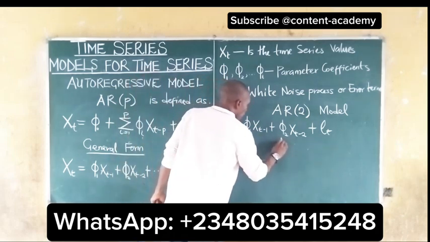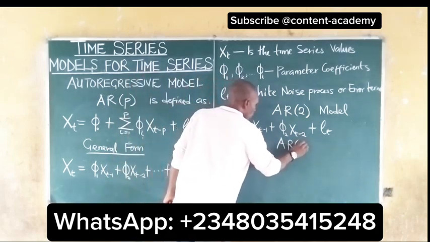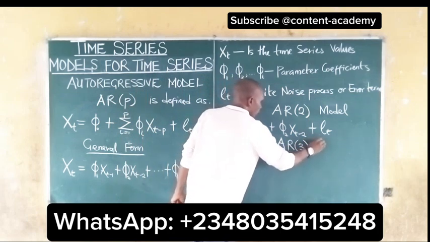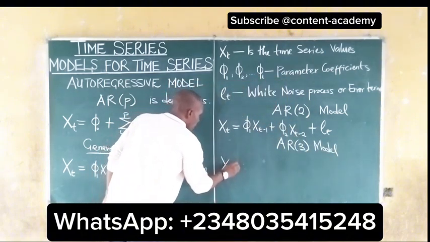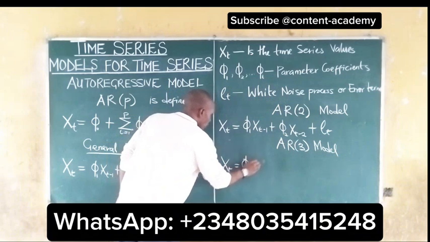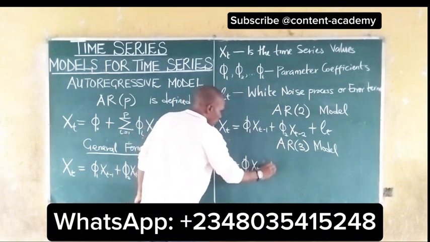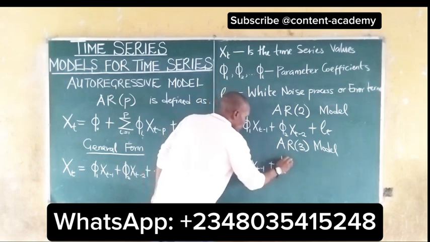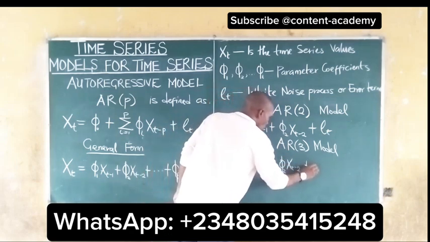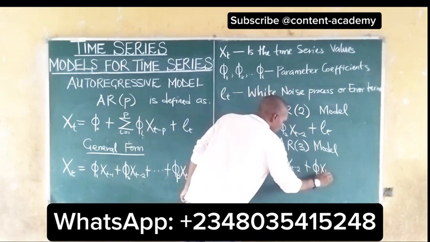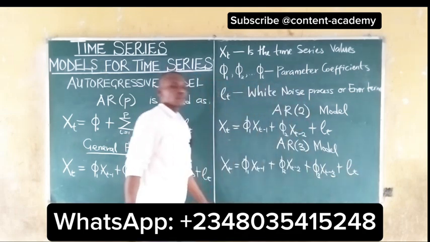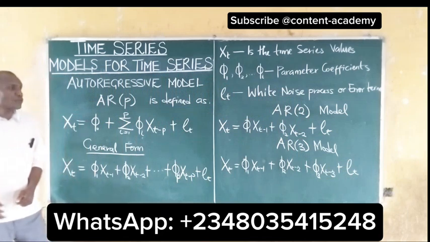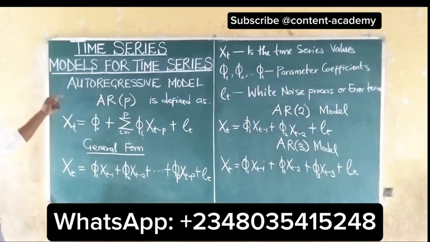Also, we can write our autoregressive model of order 3 as xt equals phi 1 x t minus 1 plus phi 2 x t minus 2 plus phi 3 x t minus 3 plus our error term et. So this is how we can compute the autoregressive model of order p.